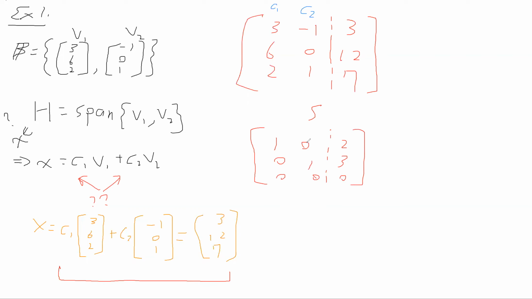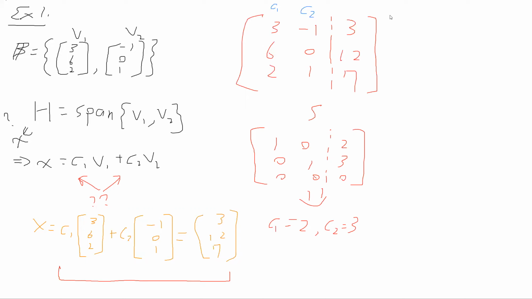So what this is saying is that in order for this equation to be true, c1 must be equal to 2, and c2 must be equal to 3. So we have found the weights for the linear combination to find our vector x. Let's check that real fast and see if it's true.